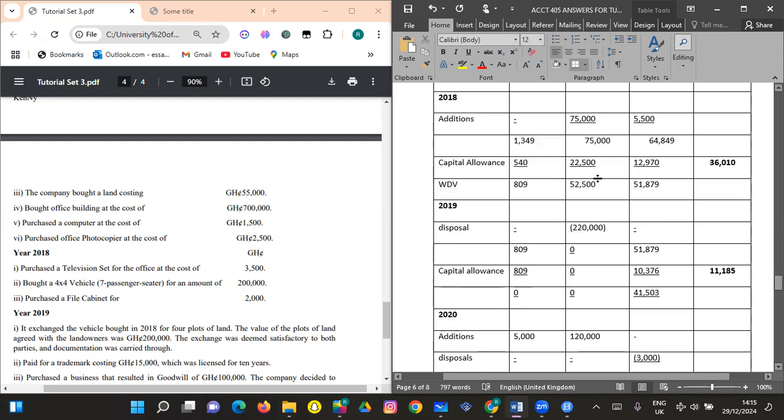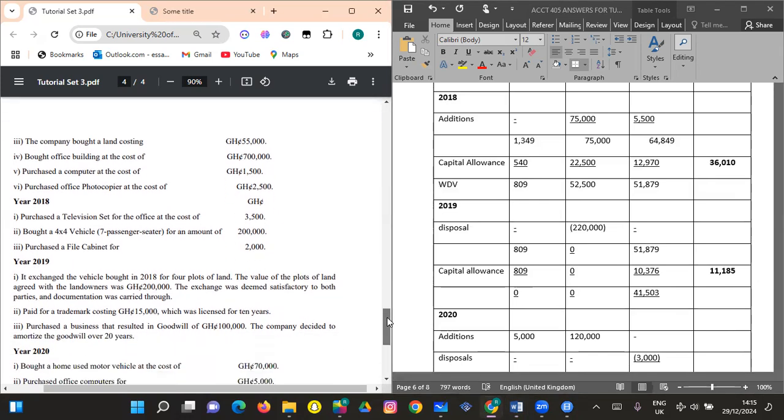So in the year 2019, let's look at what happened. It exchanged the vehicle bought in 2018 for 4 plots of land. The value of the plots of land agreed with the landowners was 200,000. The exchange was deemed a sale. You remember the vehicle bought was placed in pool 2.